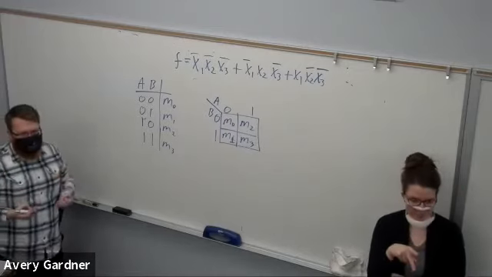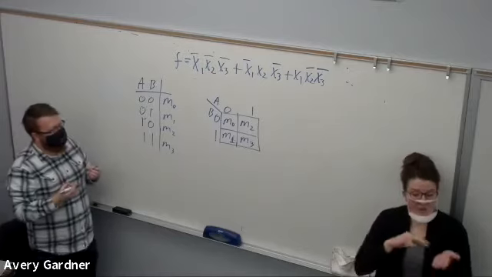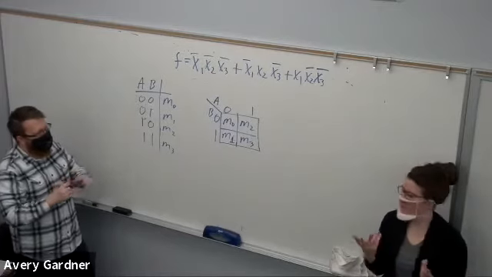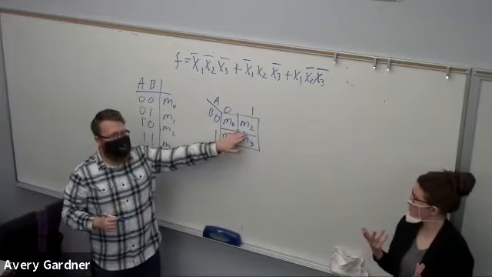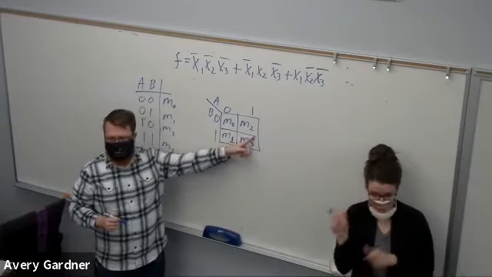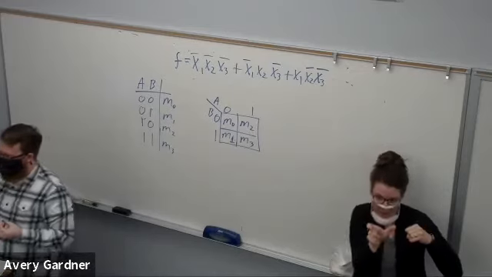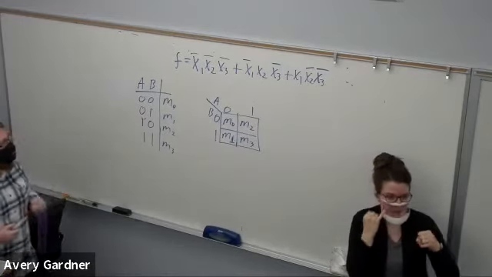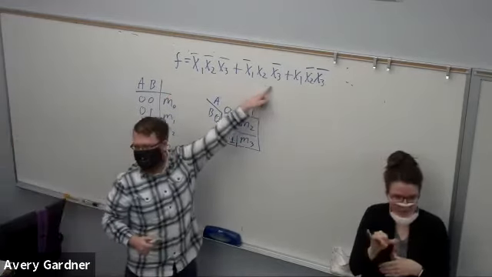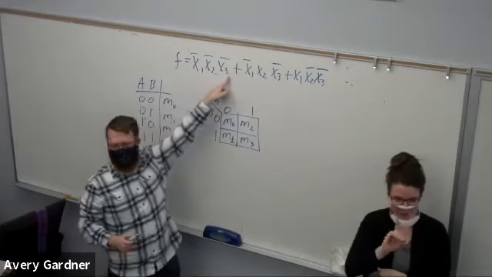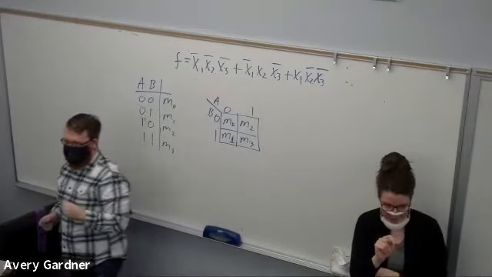Well, what does it do? Well, what it means is that all of these terms, if they share a border, are what we call logically adjacent. Now, that's just a fancy term for saying this is true. They differ by only one minterm.